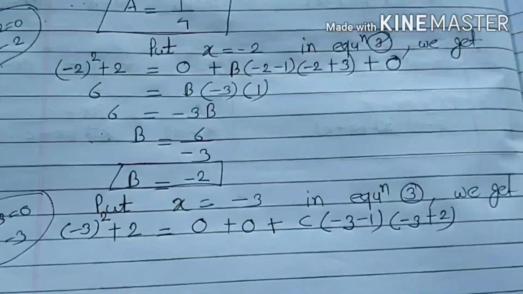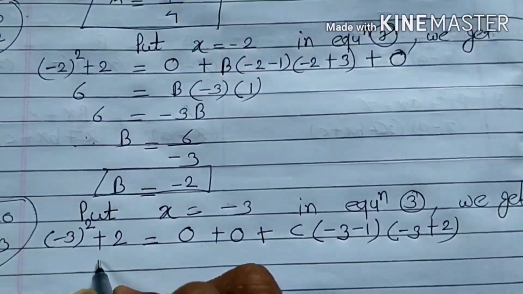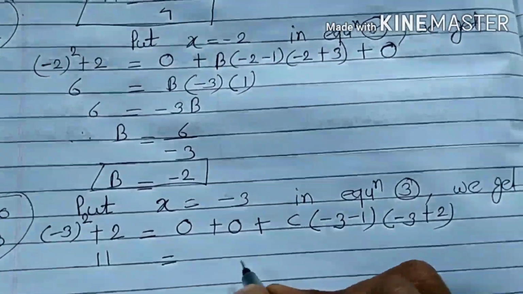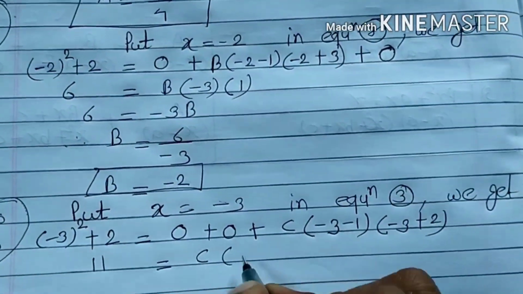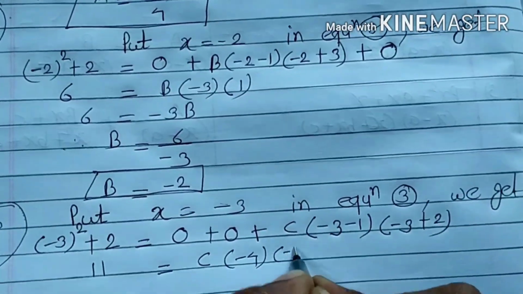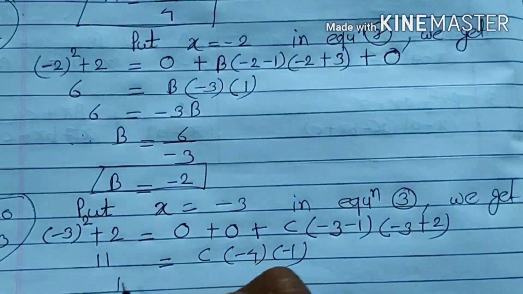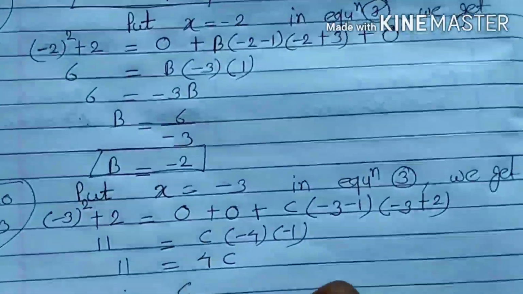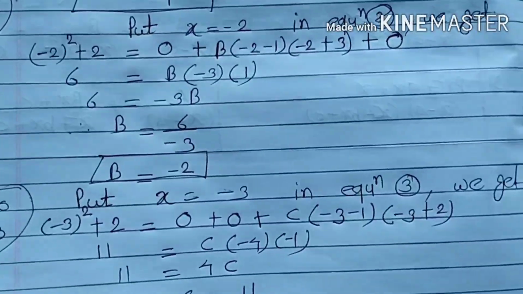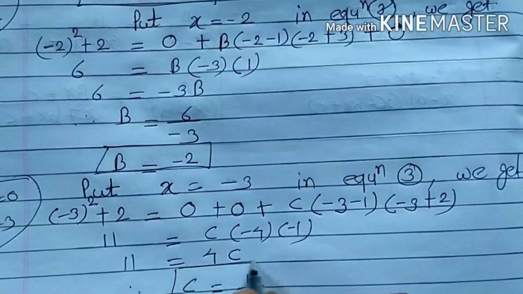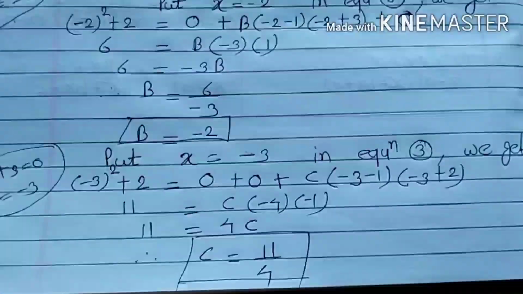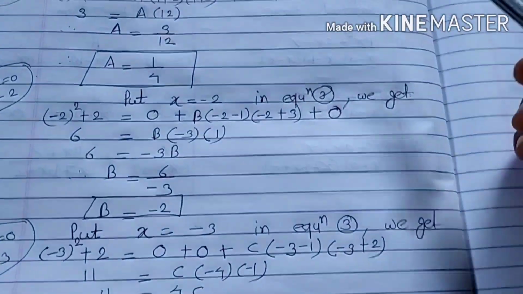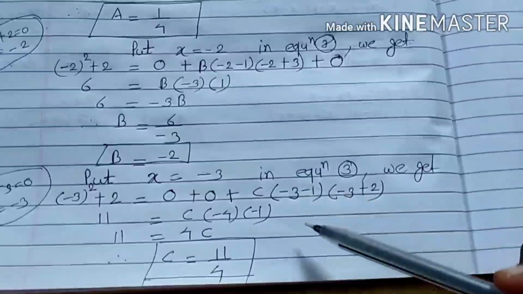Now calculate minus 3 square 9, 9 plus 2 is 11, 11 is equal to c into minus 4, minus 1, so it is 4. So 11 is equal to 4c, therefore c is equal to 11 upon 4. So this is our value of c. So these are the values of a, b and c.